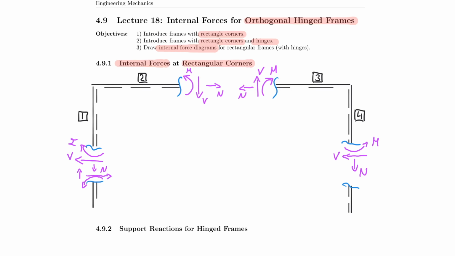And now we see something very specific here because we're dealing with right-angled corners. So this is very specific, and we can memorize, or we can understand, that the shear force acts relative to the normal force. So the normal force here is turning into the shear force at the 90-degree corner.